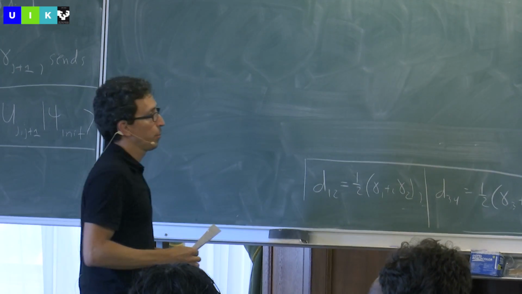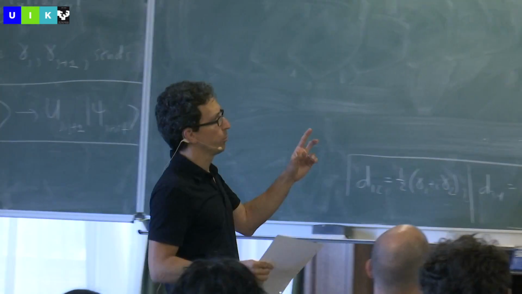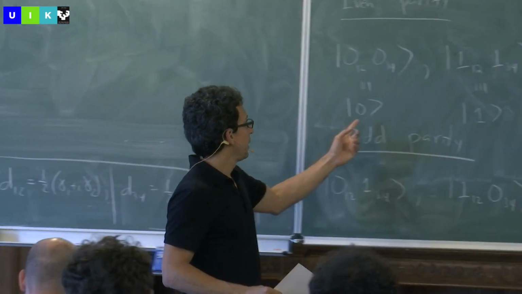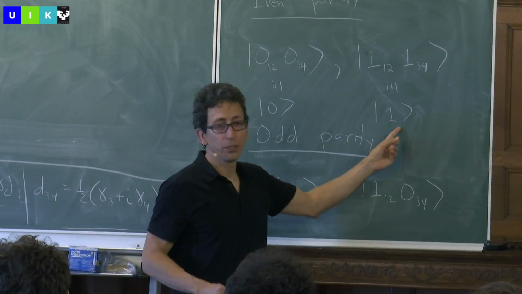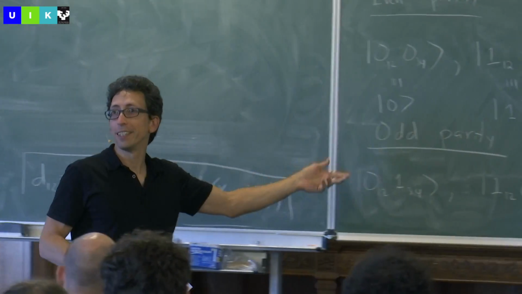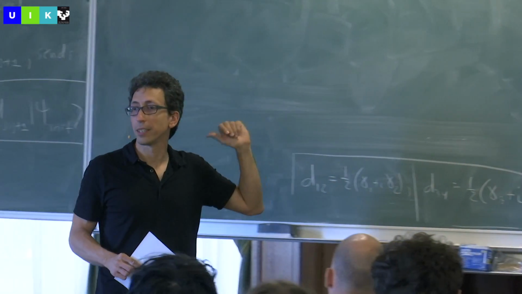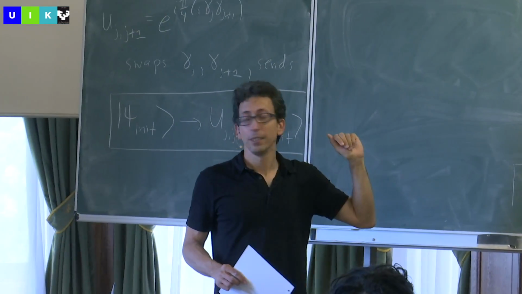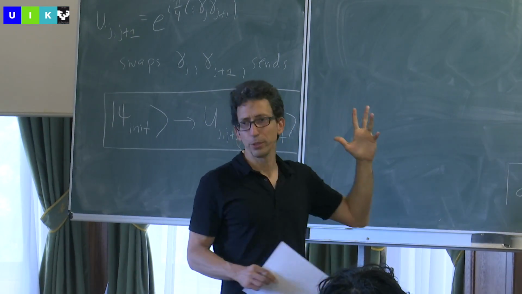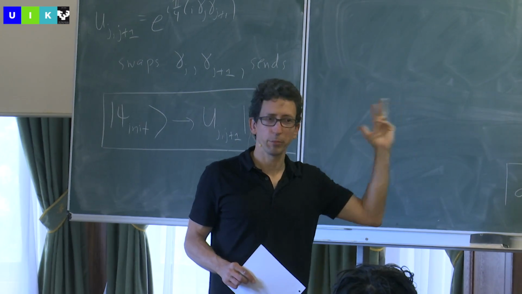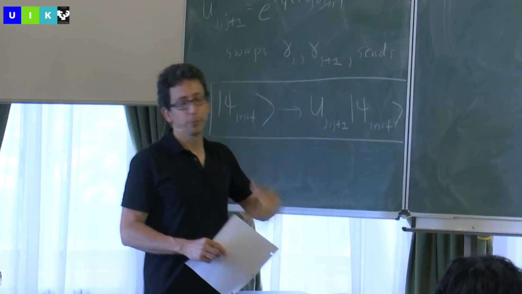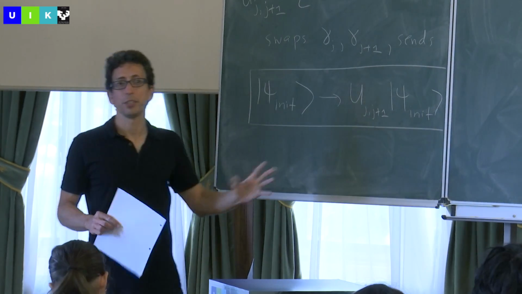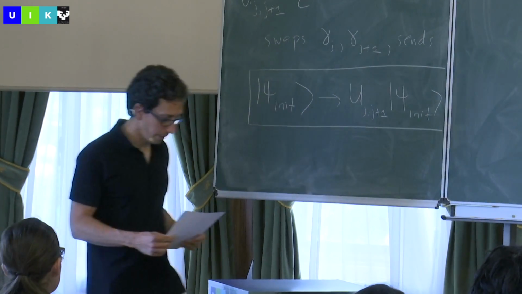Actually, just one bit of bad notation: please don't confuse that 0 and 1 with what I defined as 0 and 1 in the Kitaev chain context. These are the logical qubit states. I think I previously called 0 and 1 the opposite fermion parity states in a single Kitaev chain, but this is not the same thing.